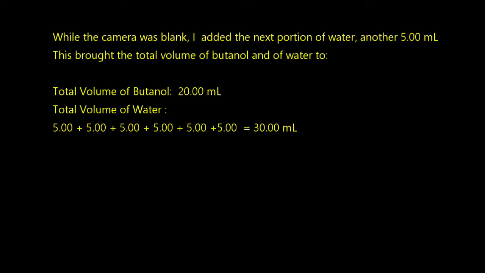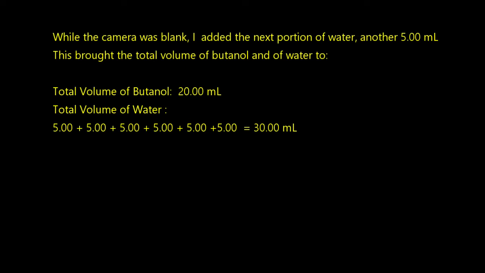And also, while the camera was blank, I didn't realize it, so I added the next portion of water, another 5 milliliter portion, which brings the total volume of water to 30 milliliters. And of course, we still have 20 milliliters of butanol in there as well.